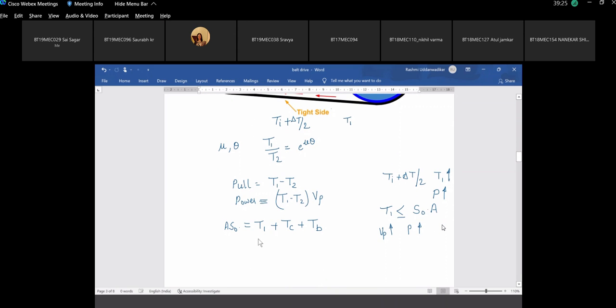So this is the tension due to the tight side. This is the centrifugal tension due to its velocity, and this is the bending tension due to the wrapping of the belt. We call it bending tension.